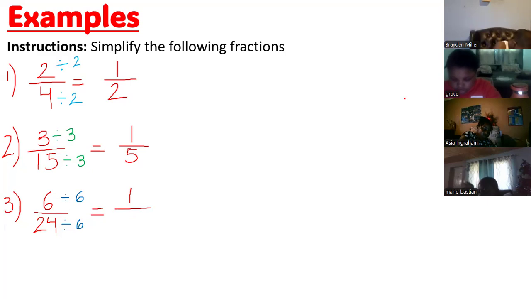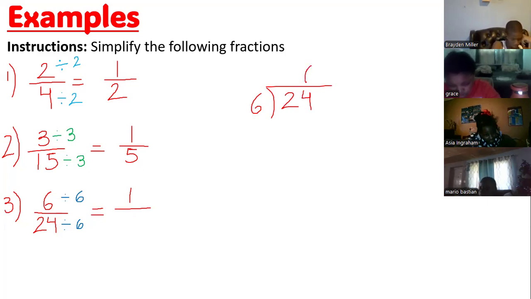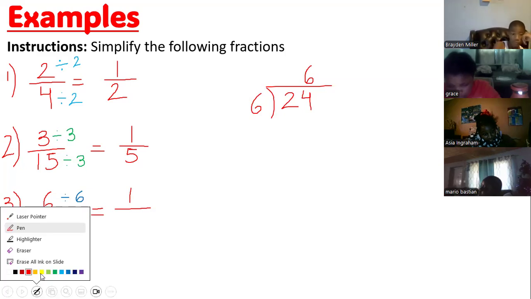We could always check it, because if we do 6 into 24, we say 6 goes into 24 how many times? 4 times.